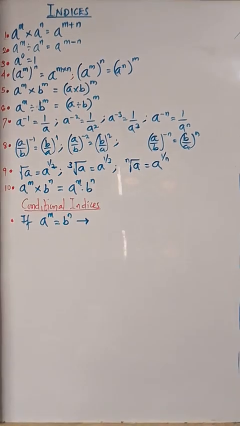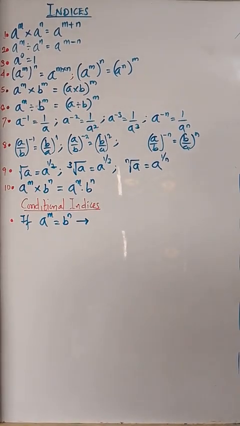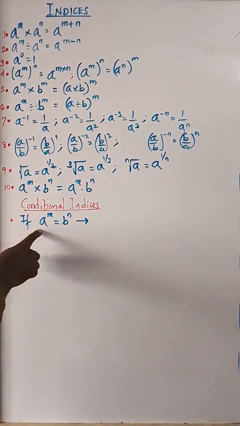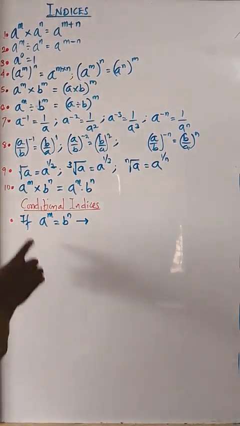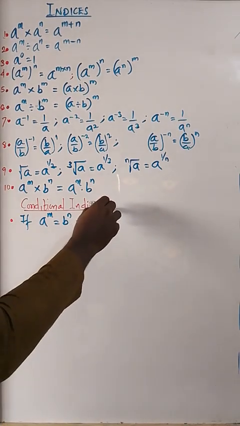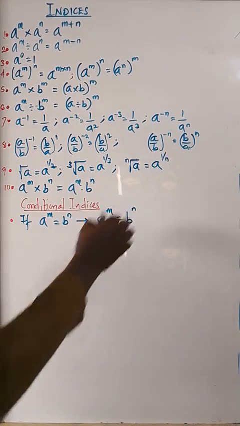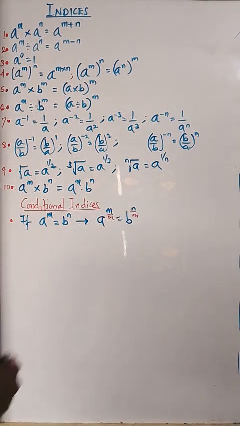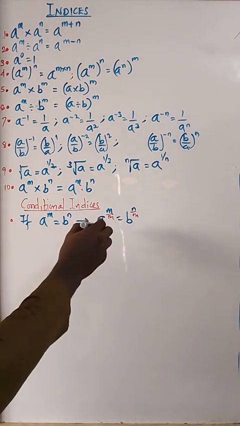If these two are equal, there is nothing we can do here, but we can make one of them the subject. We can make a the subject. To make a the subject, we can divide through by the power of a. So I can write a raised to power m, b raised to power n, then divide the power by m, so it becomes n over m. So at the end of the day, it implies what?